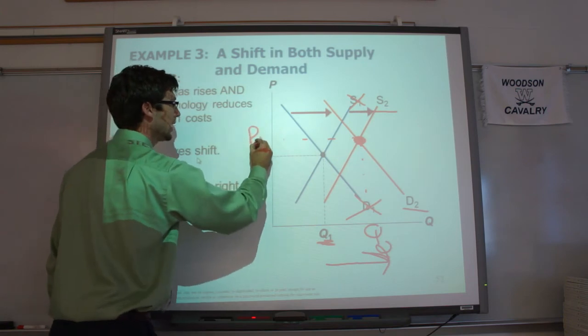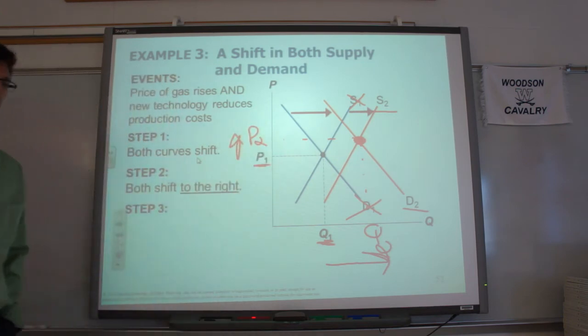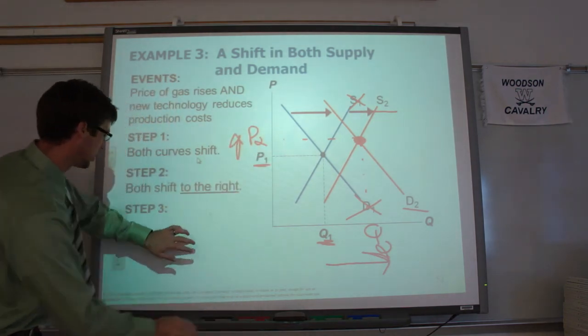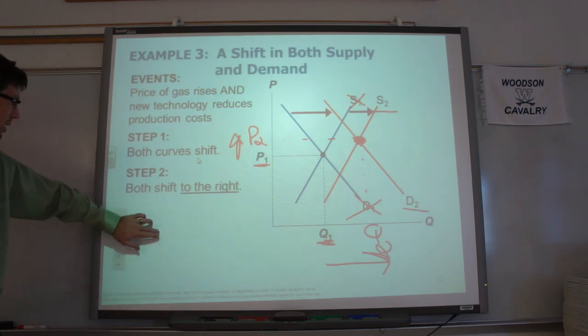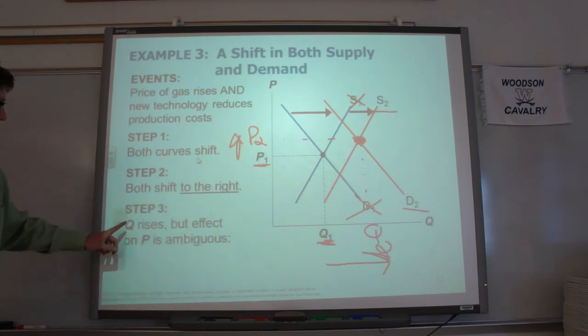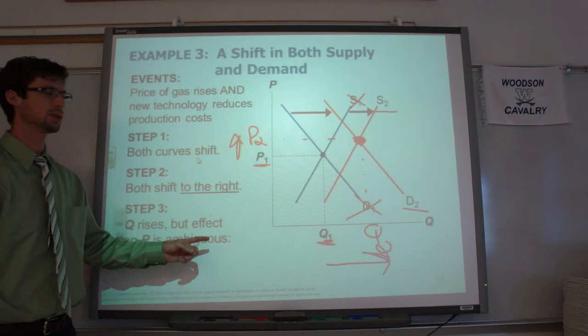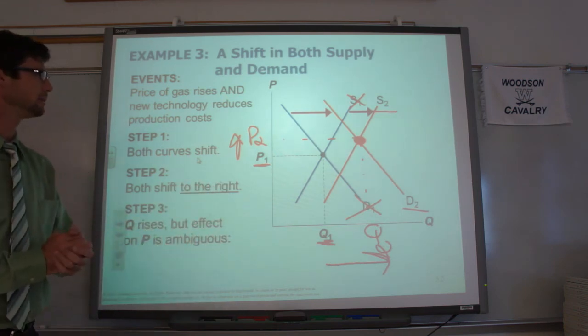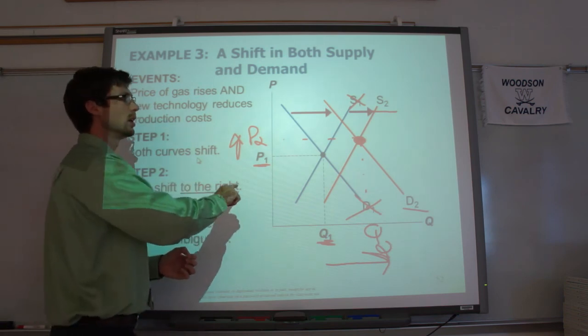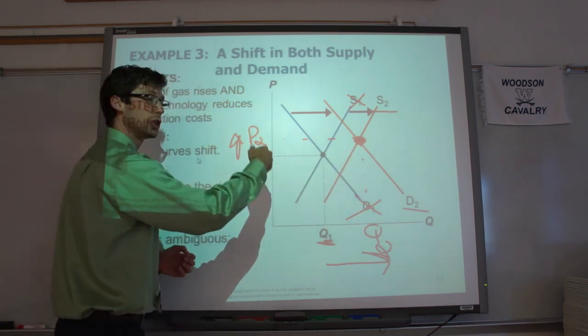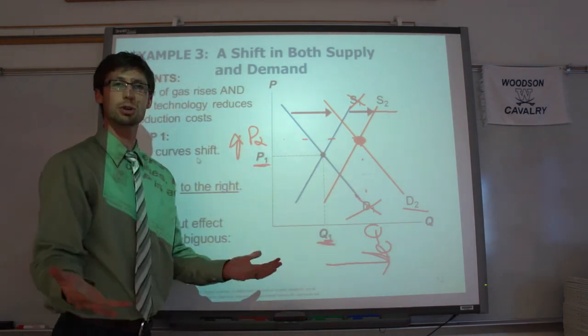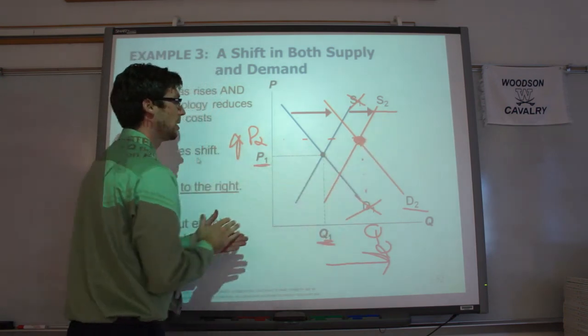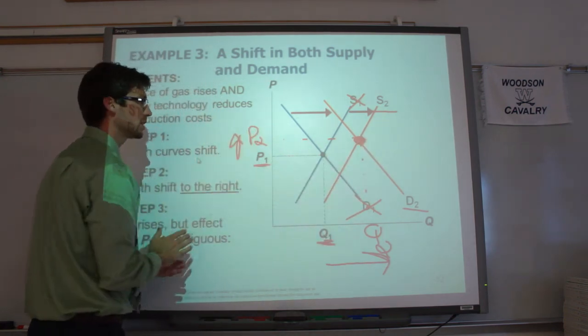And it looks like price increased. But, wait for it, they say that actually step 3 is the quantity rose but the price change was ambiguous. We couldn't determine it. Now how in the world can that be? Well, it's because they drew these curves, or the shifts in them, in an arbitrary fashion. The size of them does matter. Here it looks like price increased.